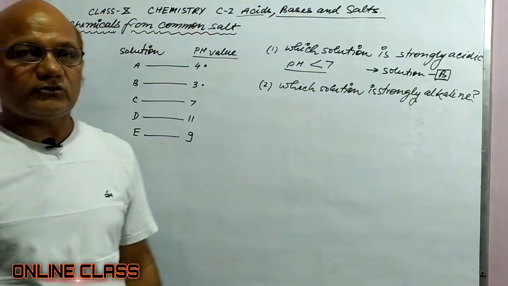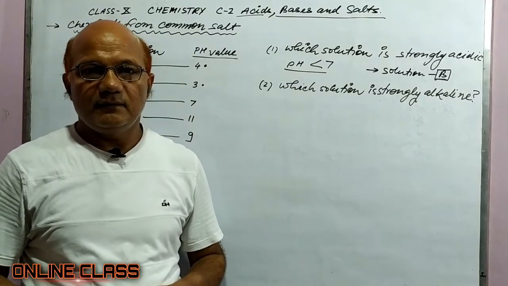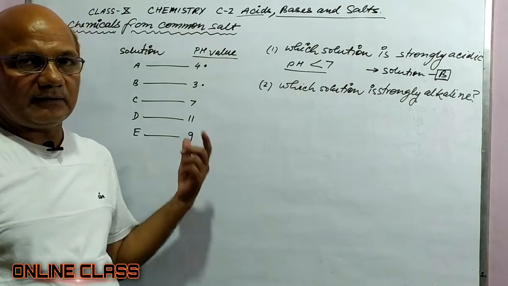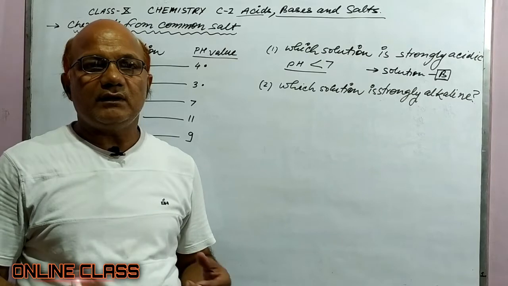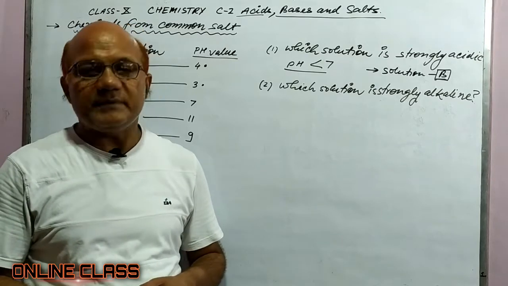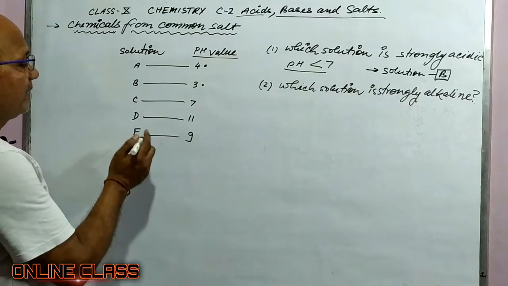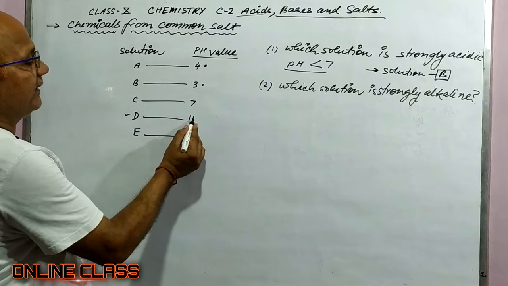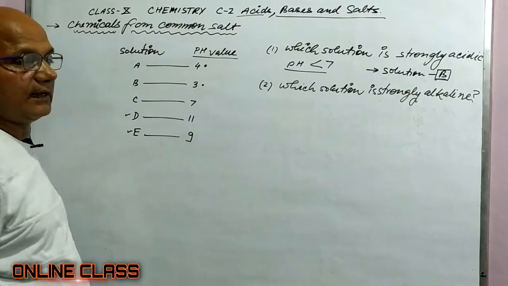Which solution is strongly alkaline? Alkaline means basic. So, first of all, there are 5 solutions. So, find out if there is one or more solution which is basic in nature or which is alkaline. So, you can see solution D, it has pH value 11 and E, it has pH value 9.